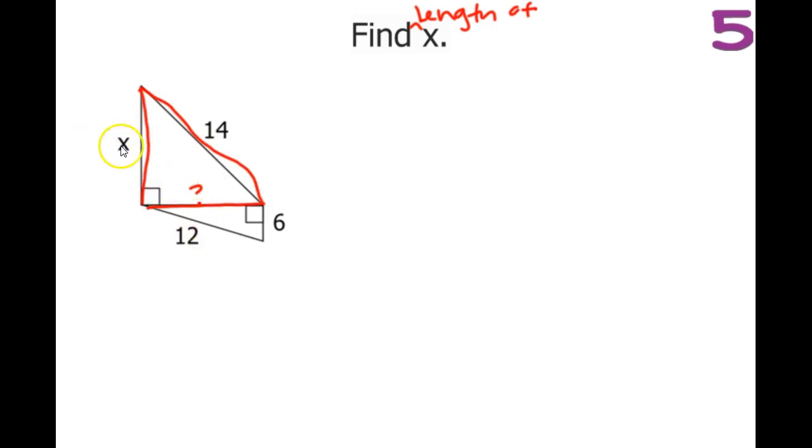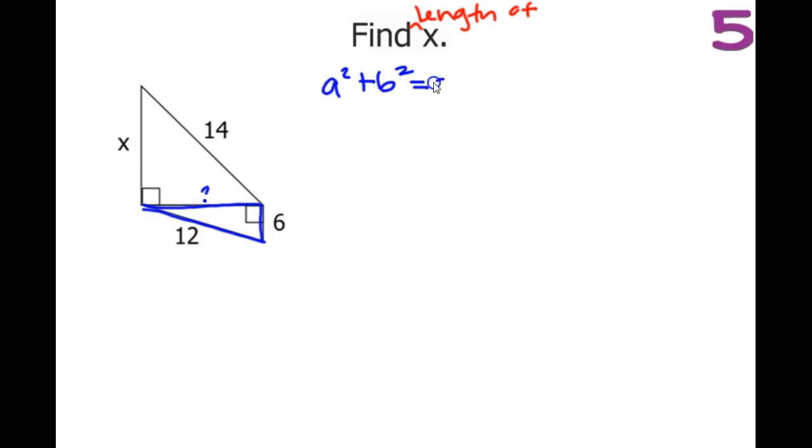So we can't find out the length if we don't know two of the sides. However, we do know this triangle here, we have two of the sides. We know this is 6, this is 12, and this we don't know. I'm going to put a question mark there. So let's use the Pythagorean theorem for this triangle first.